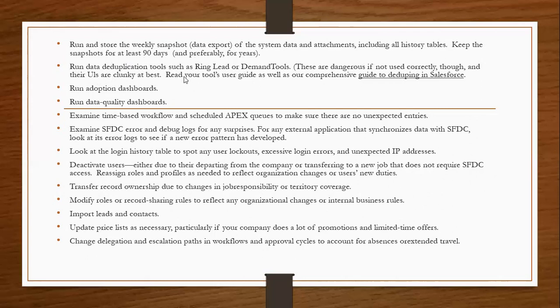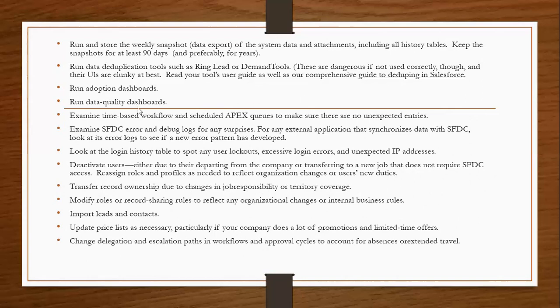Current data deduplication tools such as Ringlead or Demand Tools are dangerous if not used correctly, though their UIs are chunky at best. Read the tools' user guides as well as our comprehensive guide to deduplication.